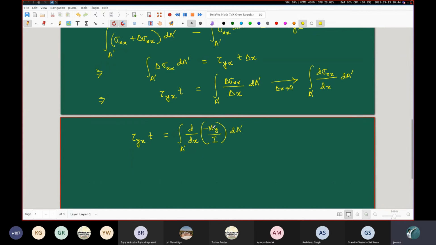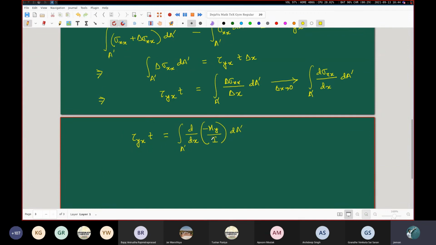The M can have a variation with x, certainly. Why? Because you have already seen when drawing the bending moment diagram that M varies along the length. Y is a completely independent coordinate variable from x. So certainly dy/dx is going to be equal to 0.